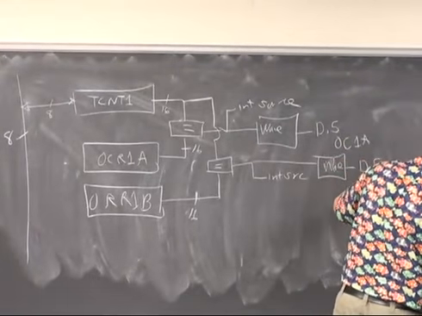So far you say, oh, that's boring. It looks just like a big version of timer 0. But there's another register, which is the important one here, which is the ICR1. This is the input capture register.